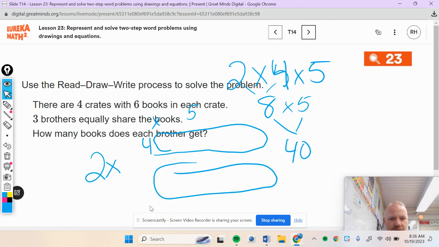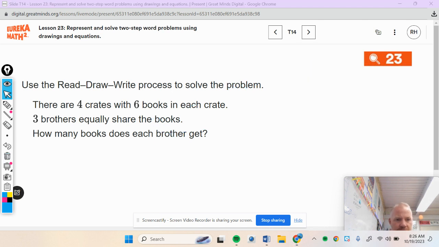So groups of. When we take a look at this next one, it shows there are 4 crates with 6 books in each crate. 3 brothers equally share the books. So in this case, we see that there are 4 crates.